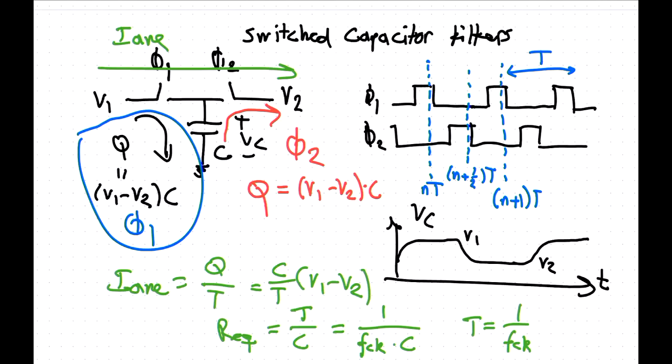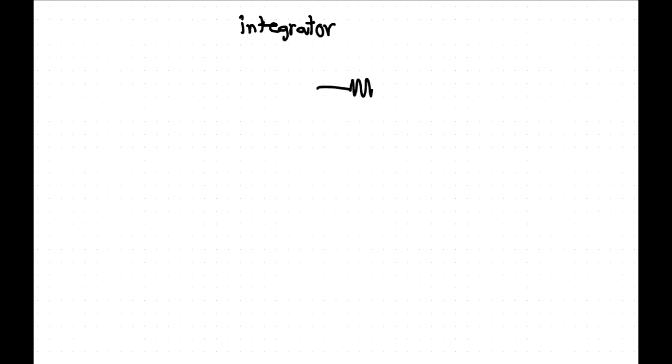Okay. Now what we can do is say, oh, that's a resistor, let's make an active integrator. Now, how do you make an integrator? Well, we can do it like this. That's your simplest integrator.